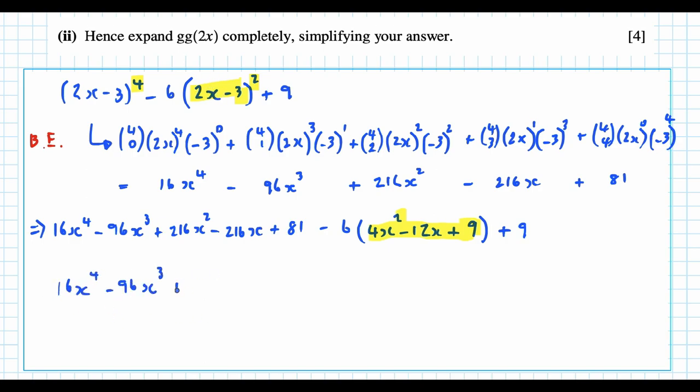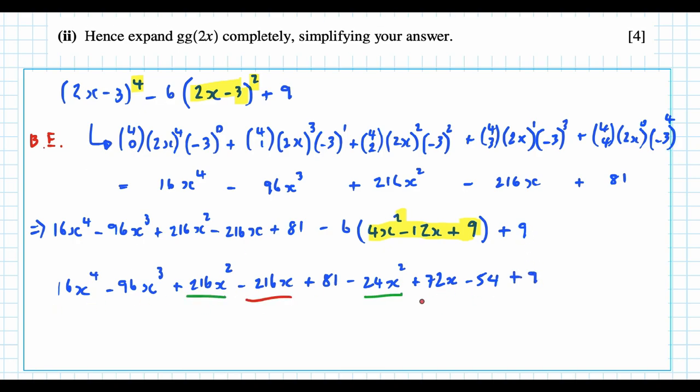And then we just simplify everything down, and you're going to next just put together your like terms. So the coefficient for x squared, for x, and your constants, and from there that should be your final answer. So just make sure you do that properly, and of course use your calculator. Make it as easy as possible. And that's your final answer there for the expansion for gg(2x). And we've simplified it as much as we can.